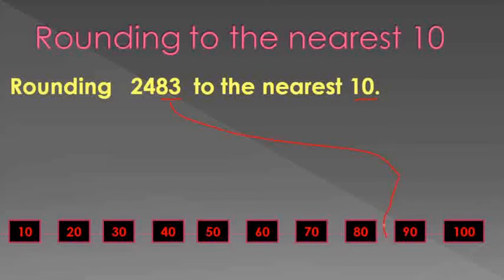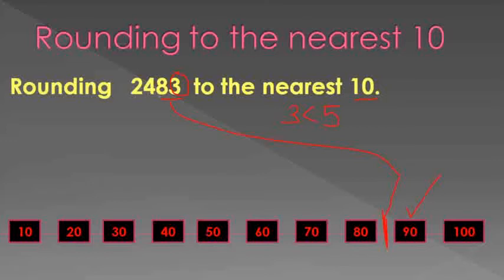Whether to round up or round down this number, just observe the number written at the unit place. The unit place is 3. And you know that 3 is less than 5. So we will convert this 83 to 90.